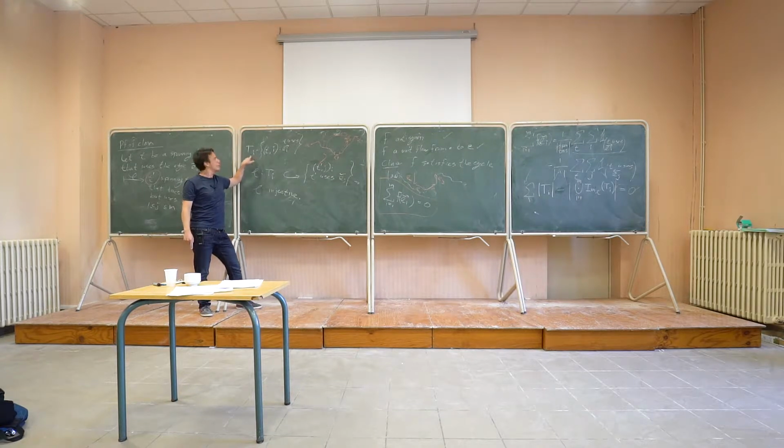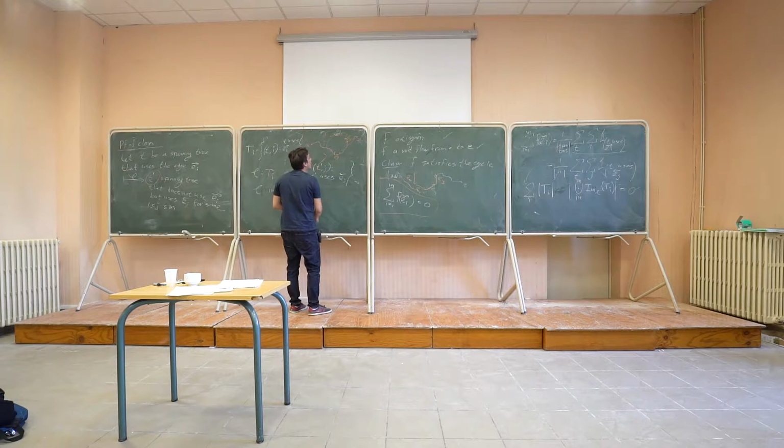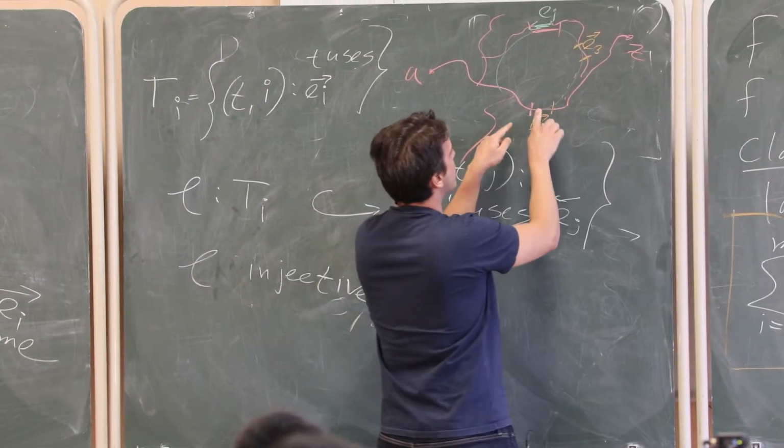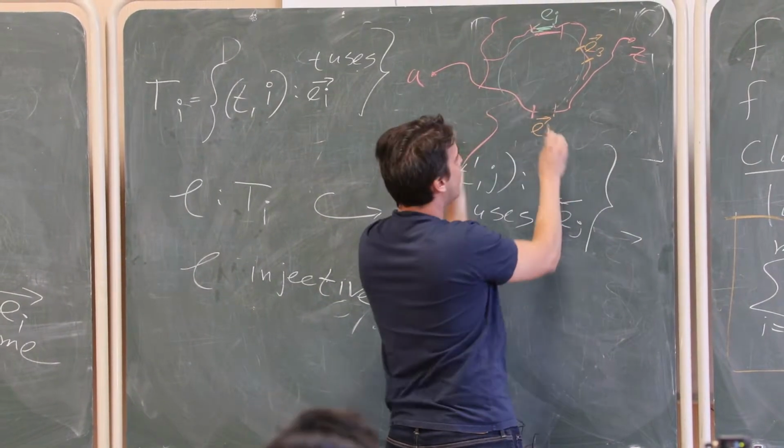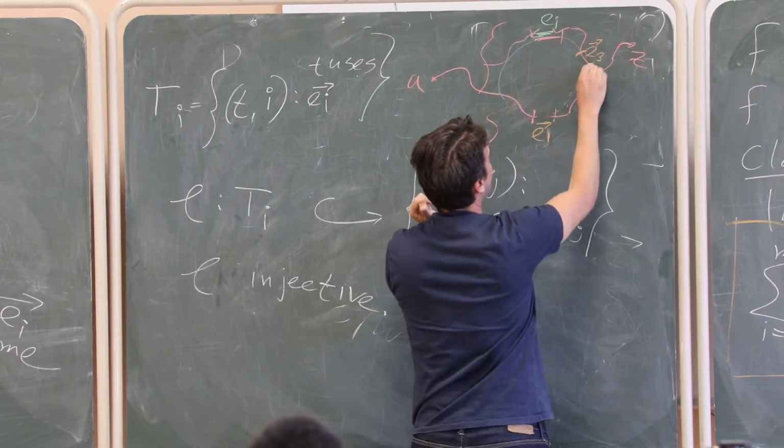The big T_i is a set of pairs. On the picture, like e_1 and e_3, they lead to the same e_j, no? Yes, you're right. It sends you to the same edge, but it gives you a different tree in the image. So here I will have this tree, but here I will have this tree. I understand. Okay, thank you. You're welcome.